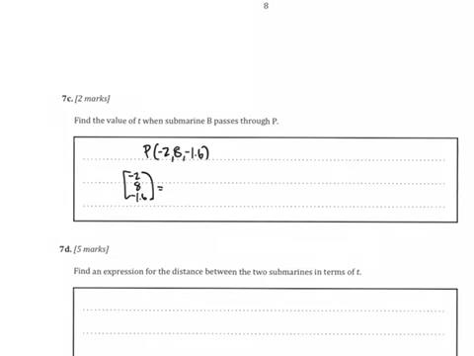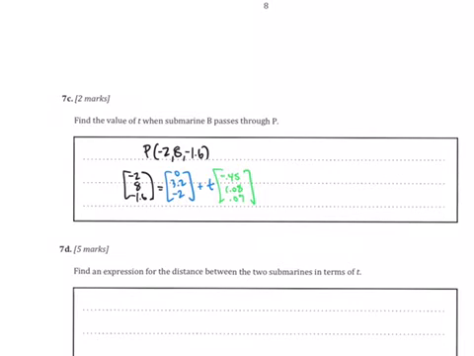Okay, so I'm going to take the origination point for submarine B, which was (0, 3.2, -2), and I'm going to take its new direction vector, which is (-0.45, 1.08, 0.09), and find the value of t for which that would be true.